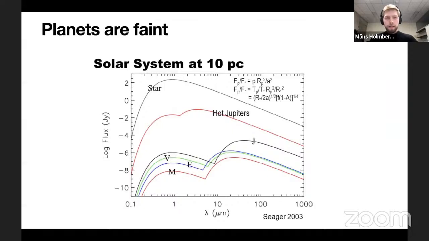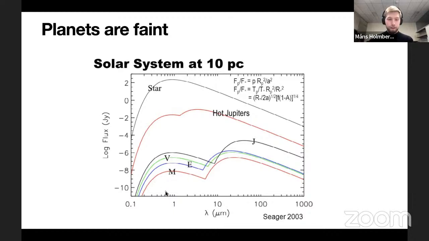So just to reiterate, planets themselves, they don't shine that much. They do give off some light. They do give off this thermal radiation when they are very hot. But compared to the host star, they are very dim.